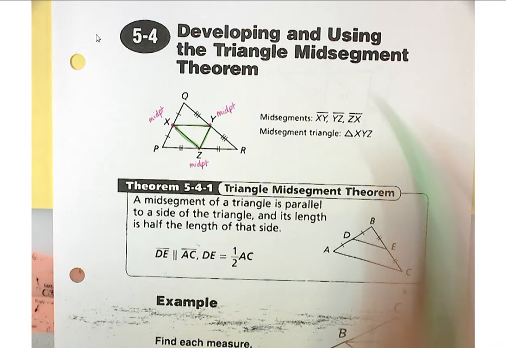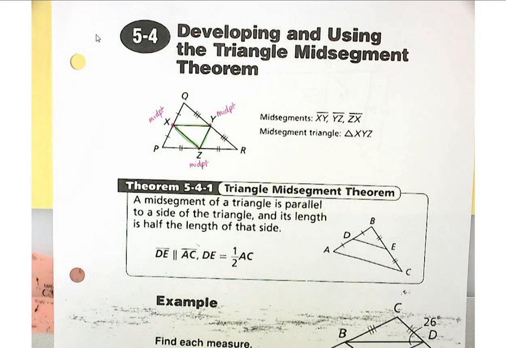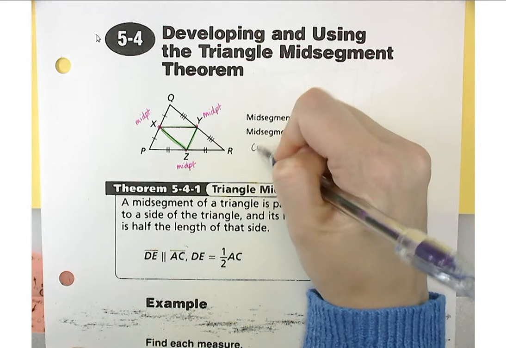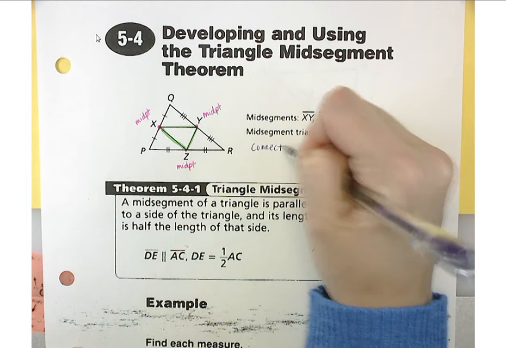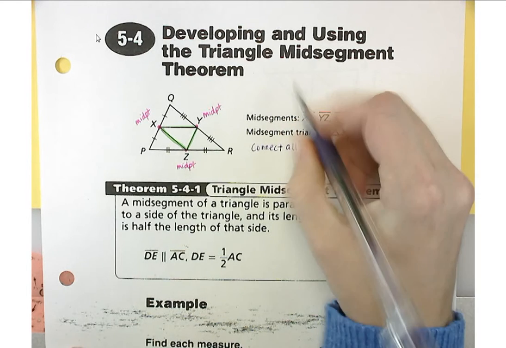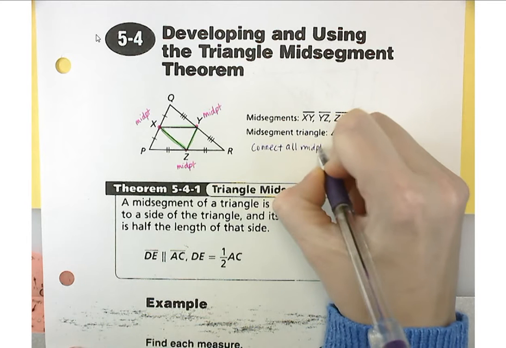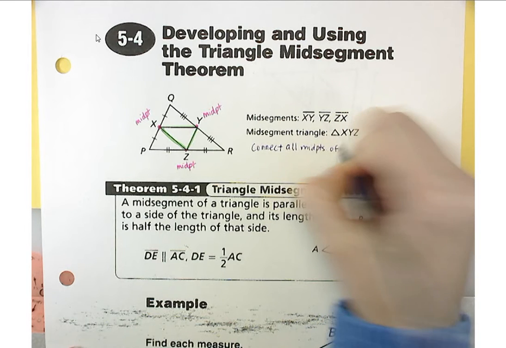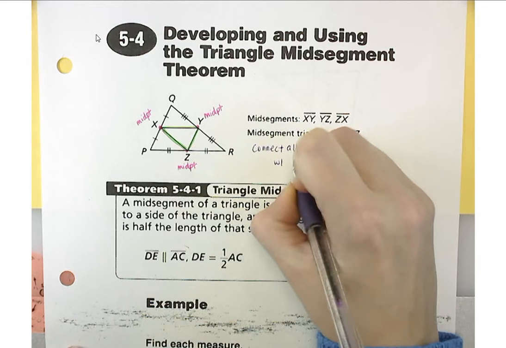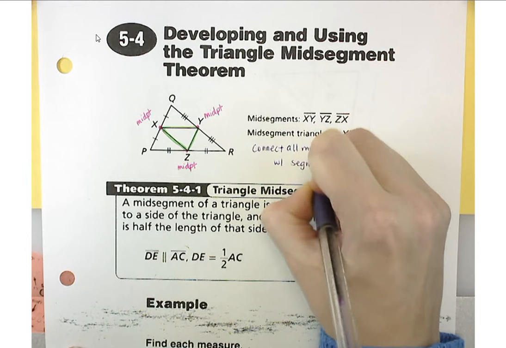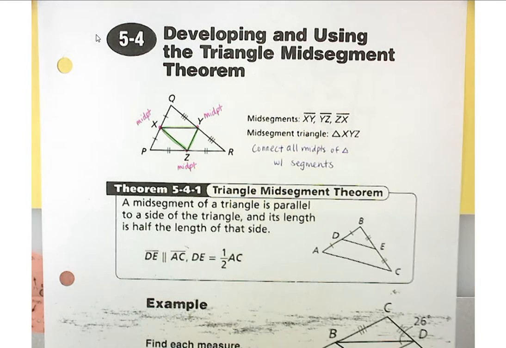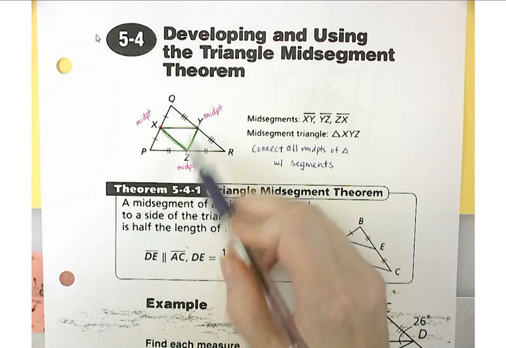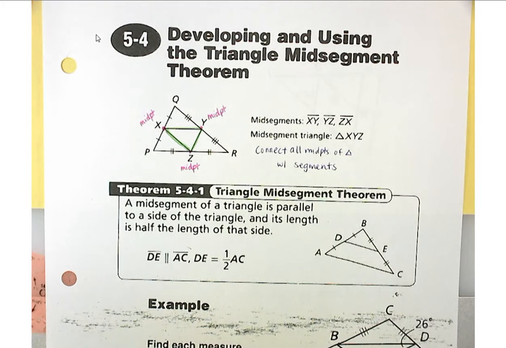So you're basically just connecting all of the midpoints of your triangle with your segments. If you connect them all together, that's going to form your midsegment triangle.